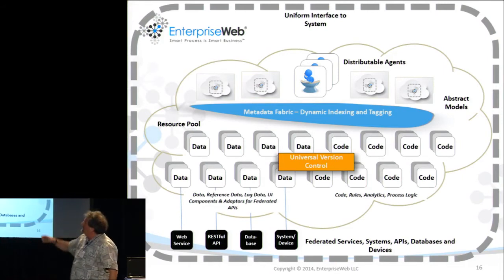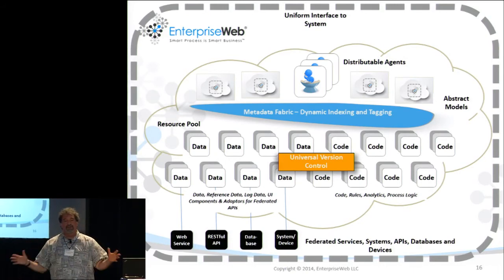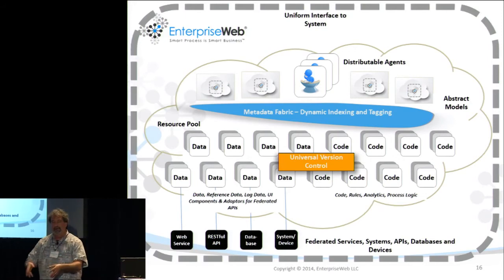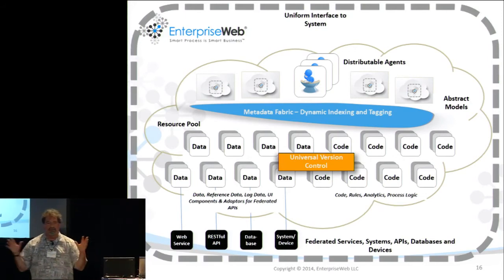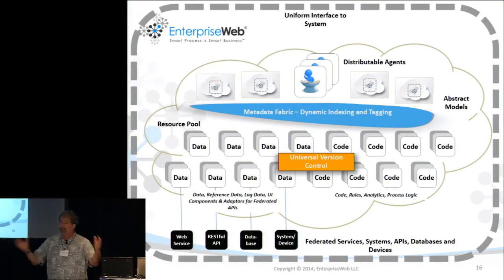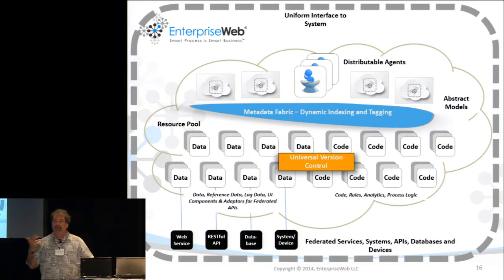But even though the resource pool looks like it has different kinds of things, data, code, APIs, web services, whatever, the agent treats them all the same. Data is the same as code, is the same as metadata, is the same as web services, RESTful APIs. They're all treated the same way. So the agent is able to provide a uniform interface to the entire system for every interaction.